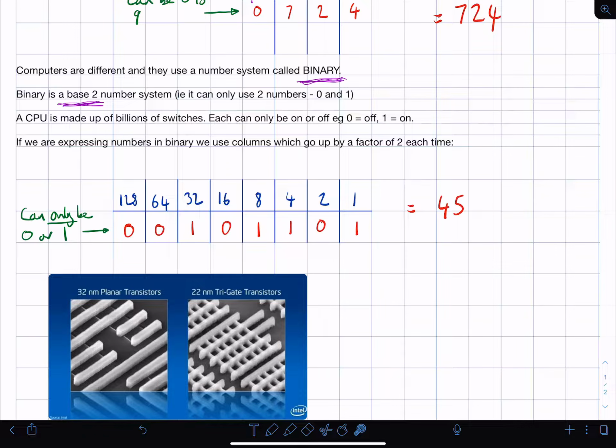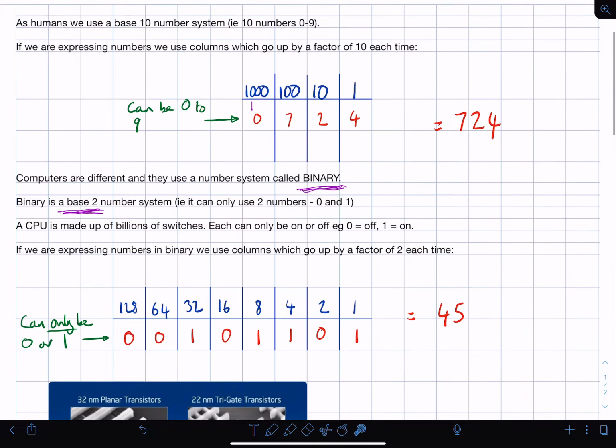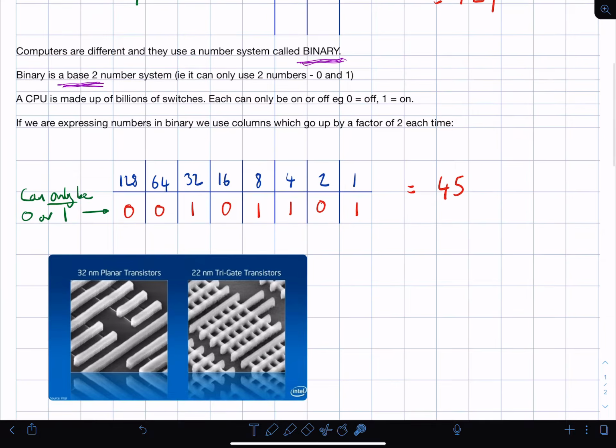When we're expressing a binary number, much like with denary numbers, we can use columns. We start over here and put a 1. Then we double it for the next column: 2, 4, 8, 16, 32, 64, 128.